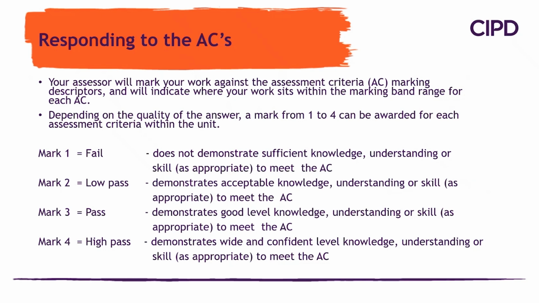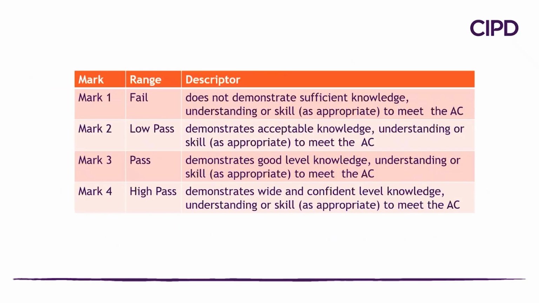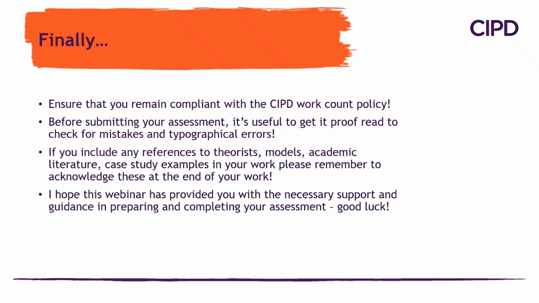A mark of 3 will give you a pass, where you will demonstrate a good level of knowledge, understanding, or skill as appropriate to meet the AC. And then finally, to achieve a high pass, you have to demonstrate wide and confident knowledge, understanding and skill as appropriate to meet the AC. Next slide, please. Again, that's just the box to show you from the CIPD assessment brief.